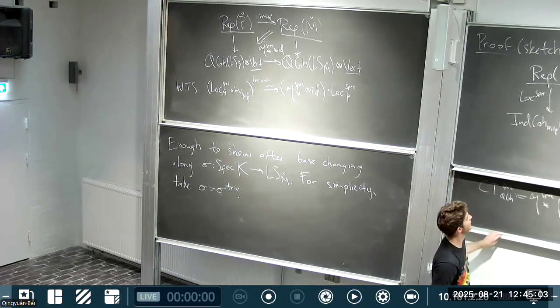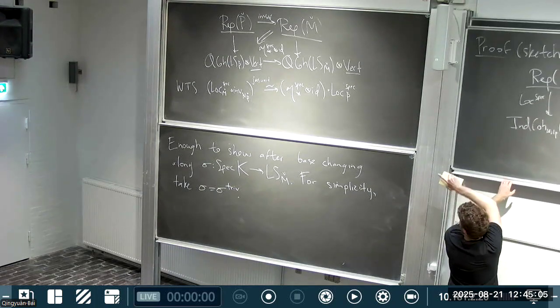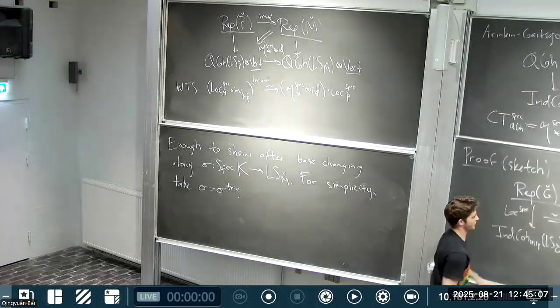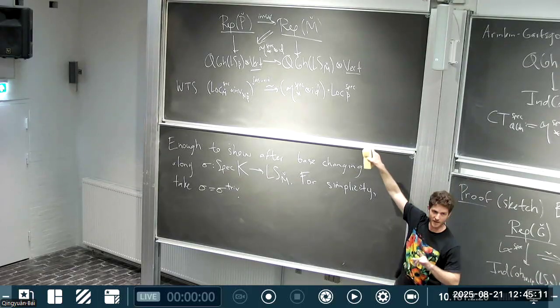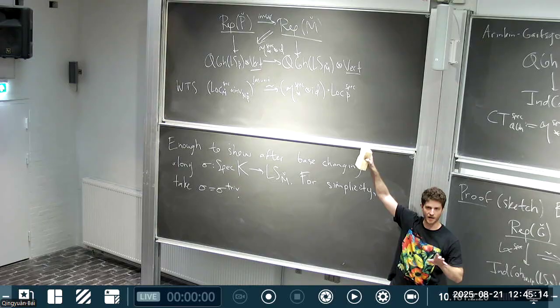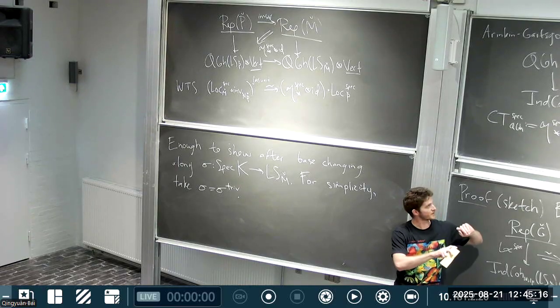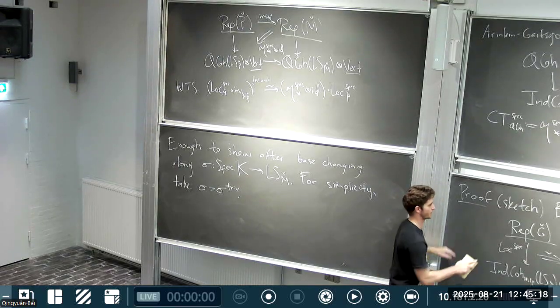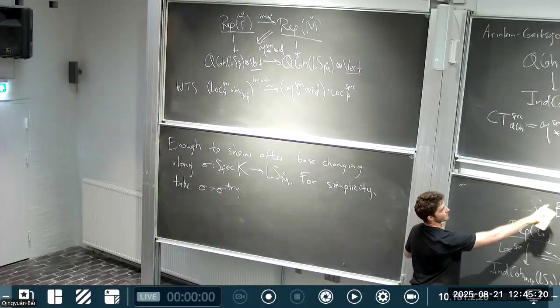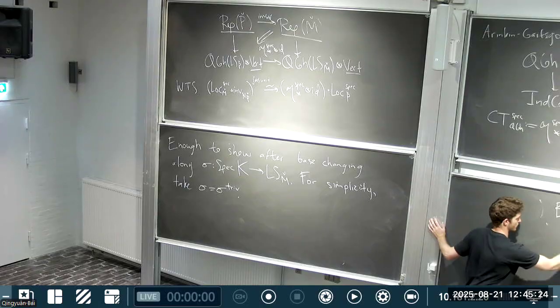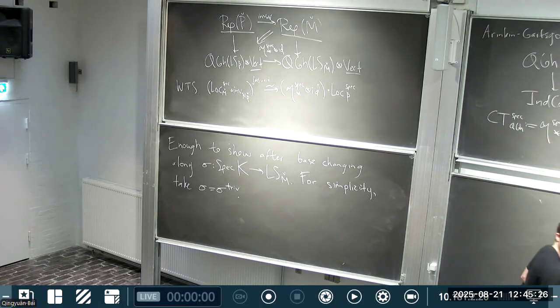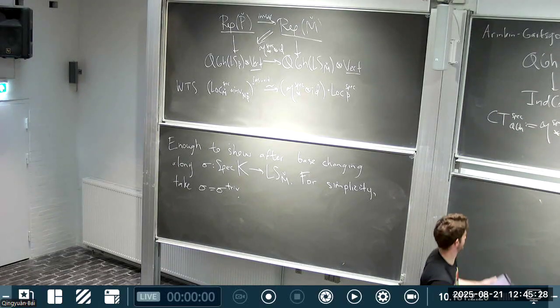So again, I'll take that square and I'll break it into two parts. One is a square involving restriction from P check to M check. And that part again is no problem whatsoever, for the same reason as that square over there. And then the last thing to show is that there's one further square.